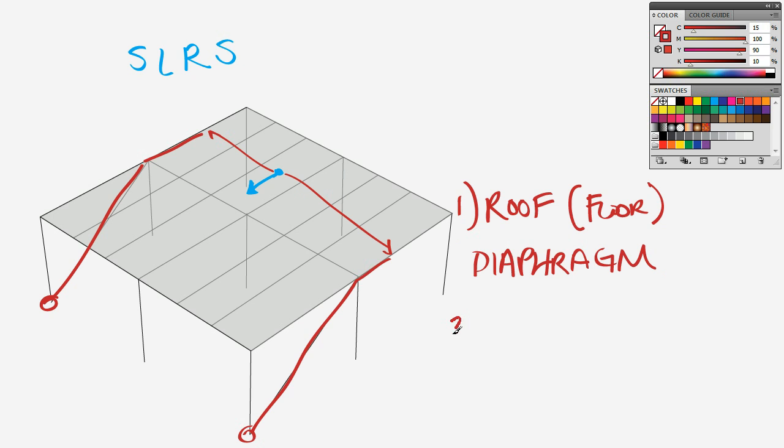The second element in this picture as I have it drawn is like a beam. But this beam is acting in a different way than beams usually act. Usually beams are carrying moments and shear. In this case, the beam is going to be transferring the load through axial force, and so we're going to call that beam a collector.